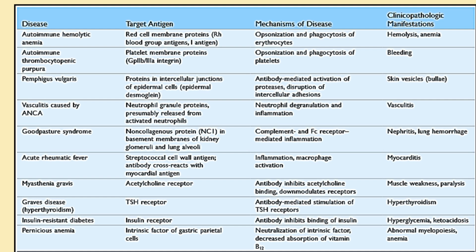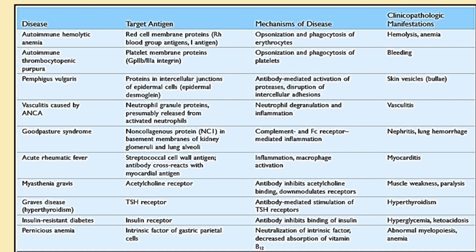Now, the examples are autoimmune hemolytic anemia, where the erythrocytes are broken down, or lysis of erythrocytes occurs, resulting in anemia, hemolysis. Other than that, autoimmune thrombocytopenic purpura is another example of type 2 hypersensitivity reaction.